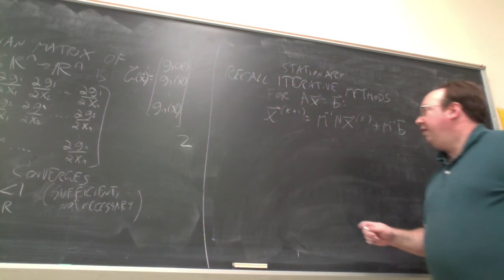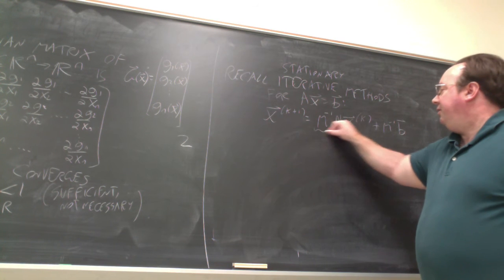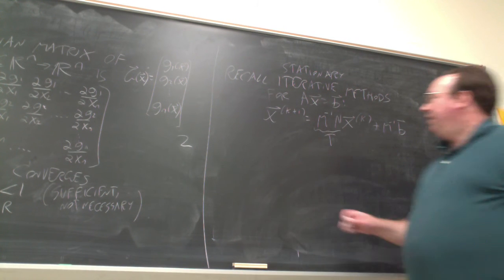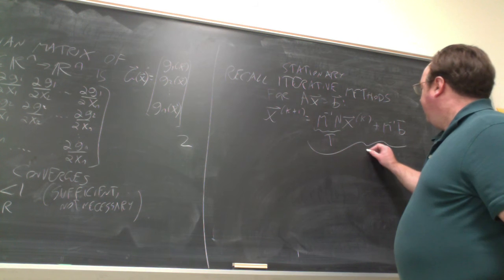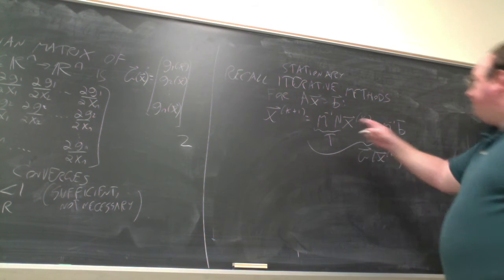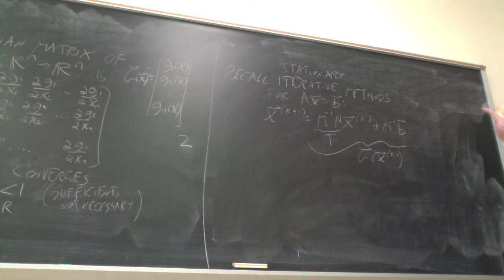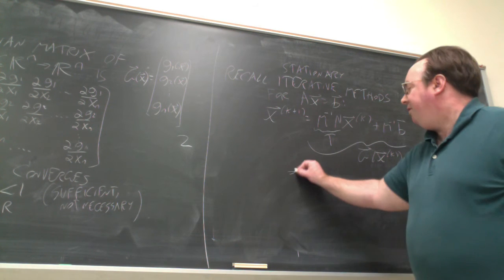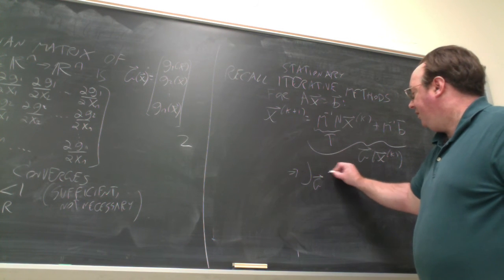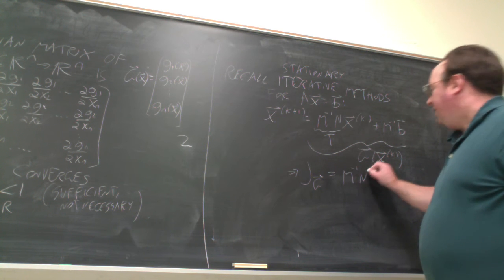This is our iteration matrix, which I called T. We needed that to have a spectral radius less than 1, and if it had a norm less than 1, then we would have convergence. Well, if I call this whole thing g of x_k, a function of x_k that produces x_{k+1}, then the Jacobian of g is M inverse N.